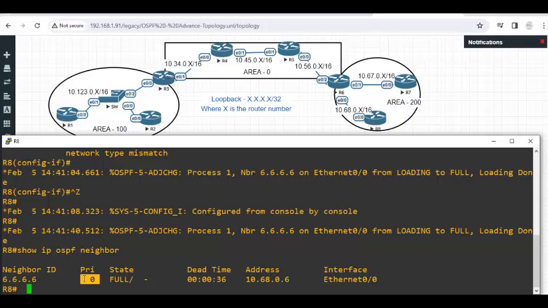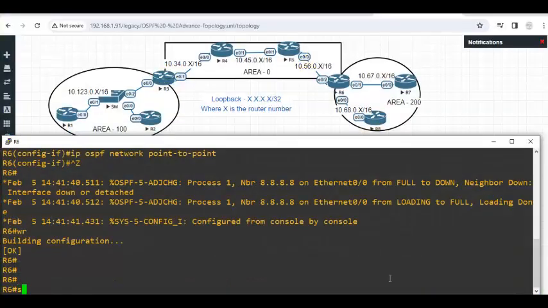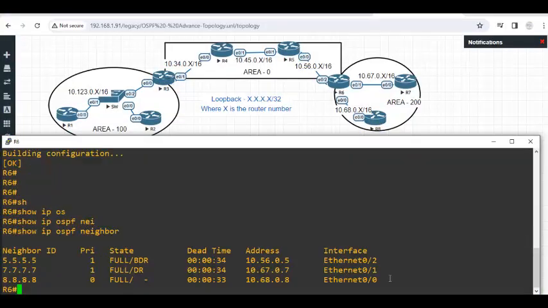Let me also go to router 7 and do this. Right now, if you go to router 6 and say show IP OSPF neighbor, earlier you had DR/BDR here also, but now it is not showing for 8. And now after configuring these two interfaces, facing 5 and facing 7, you see interface range.